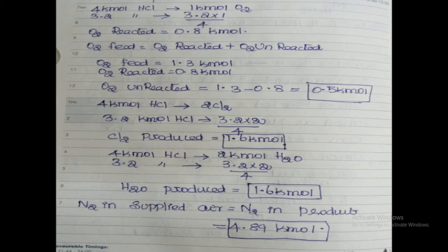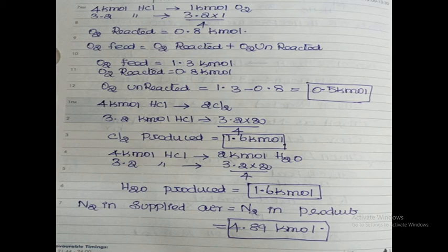Oxygen reacted, already calculated, is 0.8 kilomole. So oxygen unreacted is oxygen feed minus reacted. Substituting, we get 0.5 kilomole. Now we have two components, HCl unreacted and oxygen unreacted. Are you clear or not?